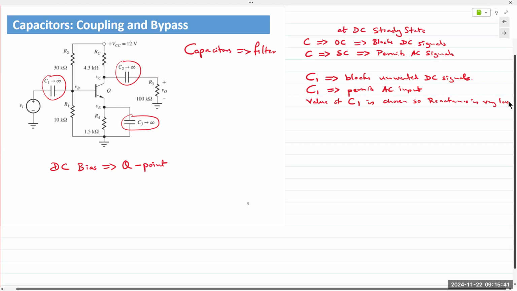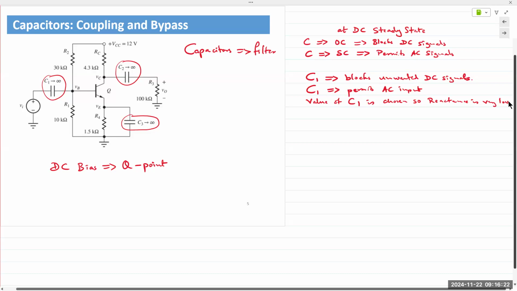Okay. Then if you look at the output side, C2, same thing. Now I'll ask you to think back to the lab output. When you performed the analysis, if you recall, the AC output signal was amplified to 10 volts peak to peak, but it had a large DC component or a large DC offset along with it. And that DC signal is unwanted at the output. And so we place another capacitor at the output to only permit the passage of our AC signal and block the DC component. So C2, again, we use the same functionality.